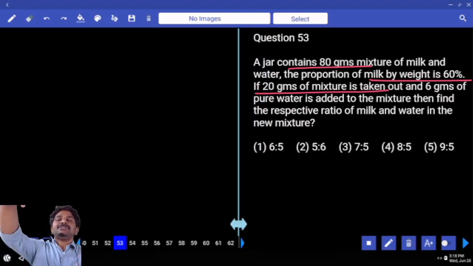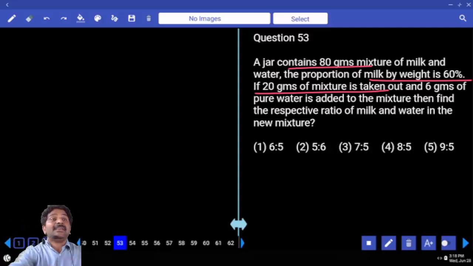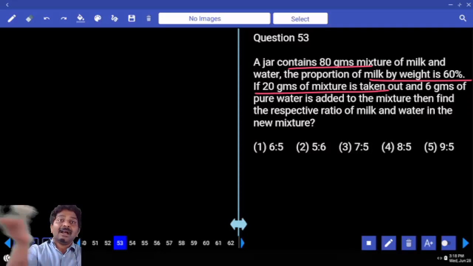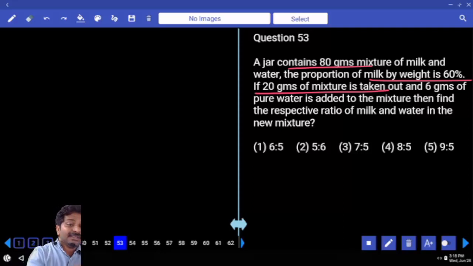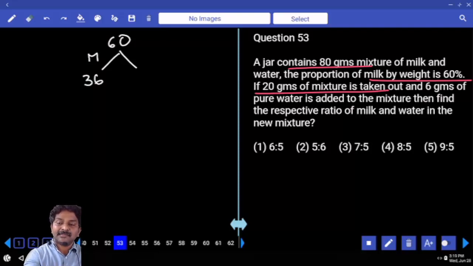So the quantity which you are taking out is 20 grams, right? Even in that, milk weight is 60%, and the remaining is 60 grams. Even in 60 grams, milk quantity is going to be 60%, which is 36. Remaining is water, that is 20.